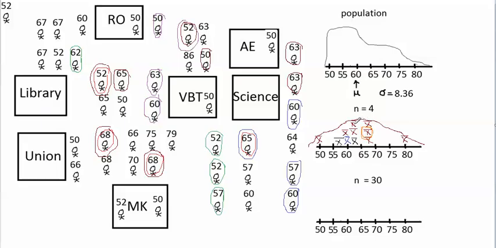In this curve, we have all possible samples of 4 people, and I'm only going to end up selecting one of them to be the actual sample.